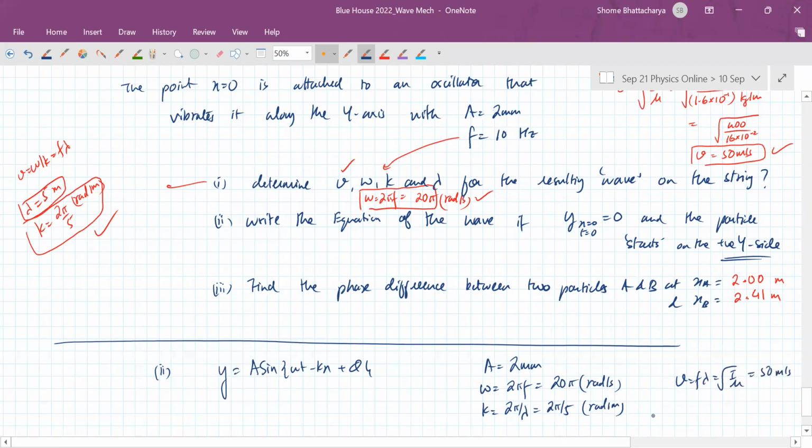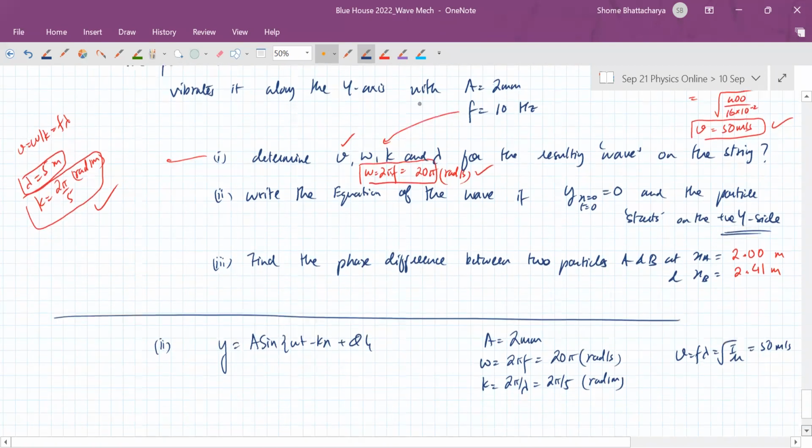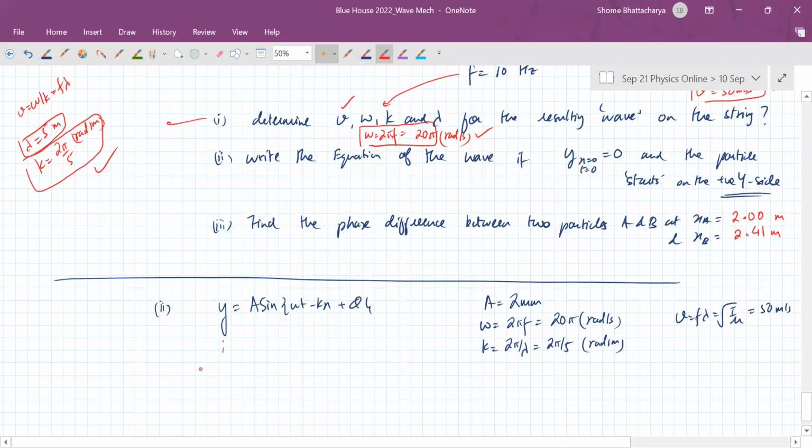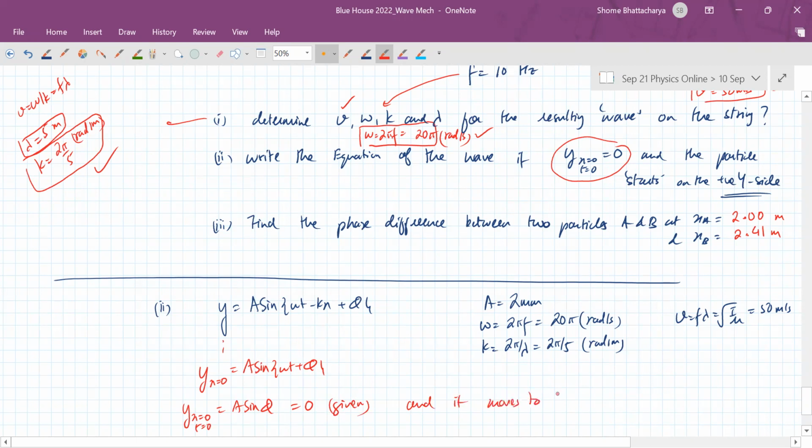So now we can see that the equation of SHM for the particle at x equal to 0 is A sine omega t plus phi. Now this one is 0 given, and it moves to the positive side. Therefore, the phase constant should be 0.